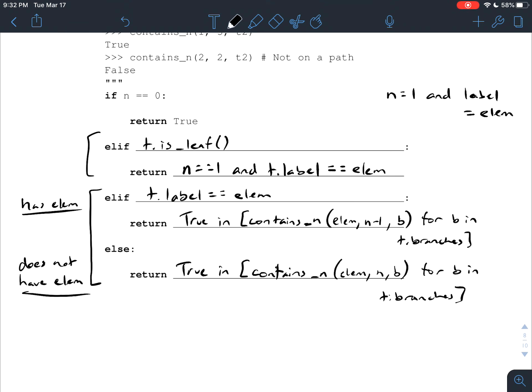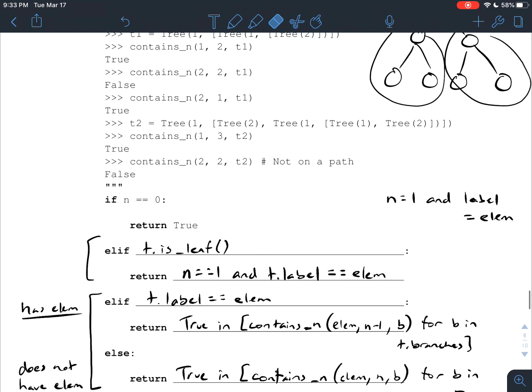Well, in other problems, we'd maybe have them all added to each other. But in this case, all we care about is that one of the answers from the list of answers is a true. And that is what our recursive calls are in these two cases. We're just looking for the one true in that list of recursive call answers. And as a result, that is the problem.